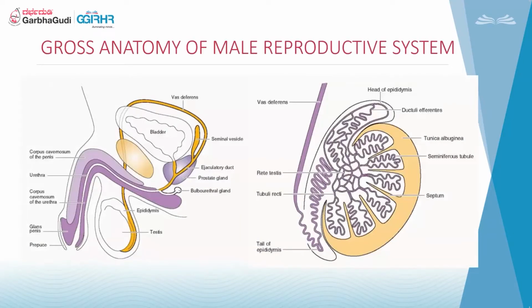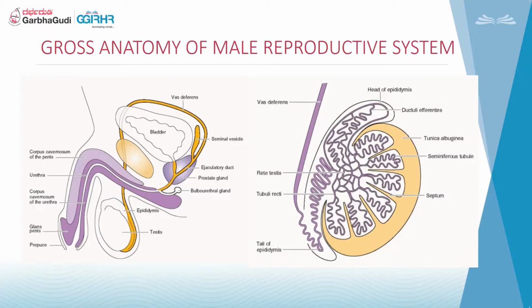Coming to the gross anatomy of the male reproductive system, sperm is produced in the testicles in the seminiferous tubules. The testis has the interstitial part and the seminiferous tubule part. The seminiferous tubule has the Sertoli cells and the germ cells, and the interstitial part has the Leydig cells. After production, the sperm goes into the lumen of the seminiferous tubules and travels via the rete testis and enters the epididymis, which has 3 parts: the head, the body, and the tail, where it gains motility.